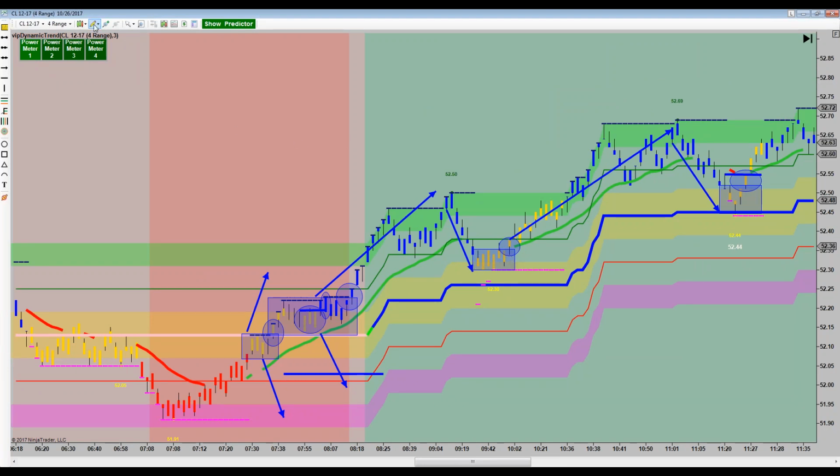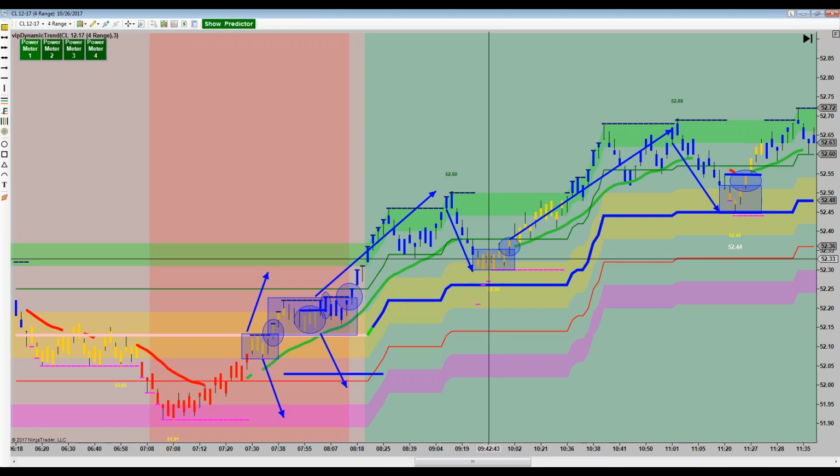So it's about the position of the bars relative to each other that forms a nice box, and the size of it. For instance, here the bottom of the region was at 52.30, and the top was at 52.35. So you're looking at a 5-6 tick region box. That's a really good box.